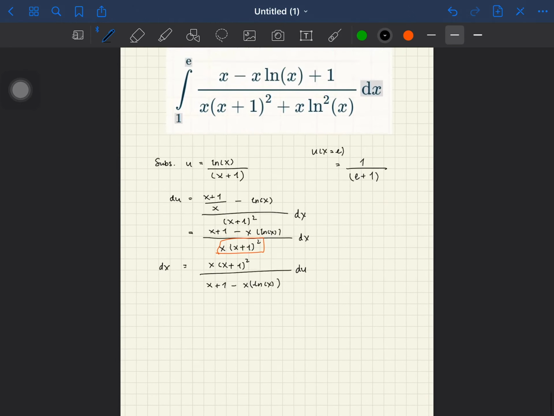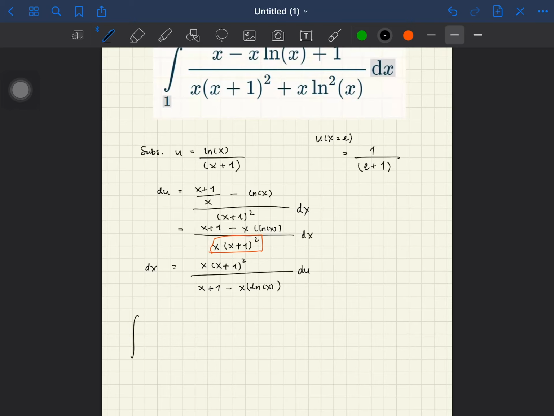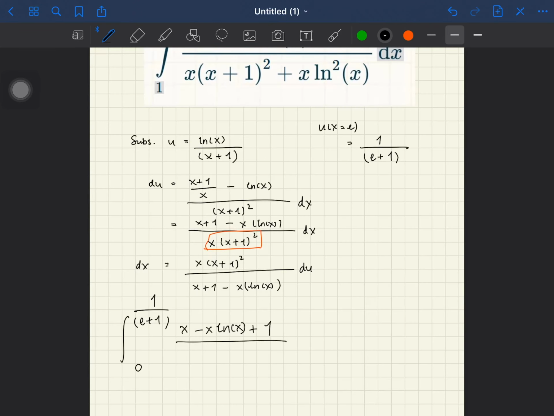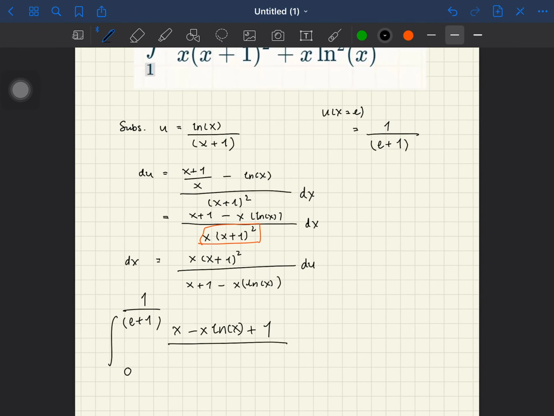So your boundaries are 0 and 1 over e plus 1. We are not focusing on the numerator substitution but the denominator substitution. When it comes to fractions, we have to focus on certain parts of a substitution. Oh, my apologies, I should have gotten this.